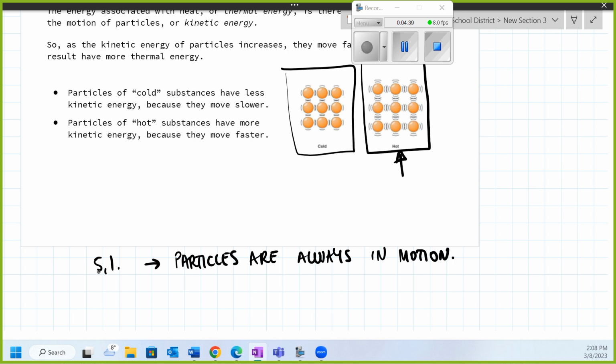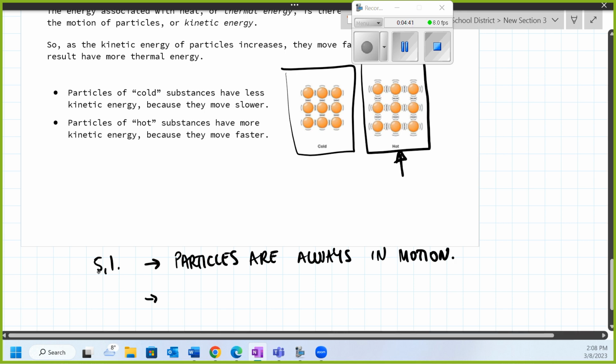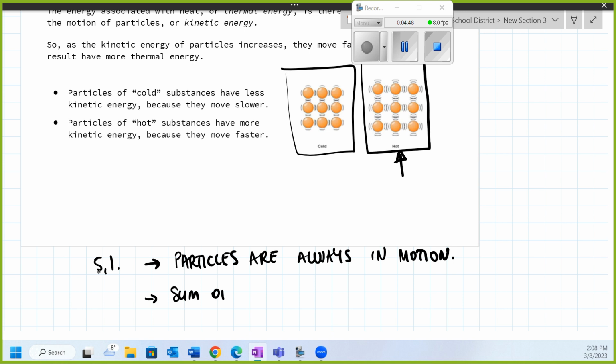A motion that is known as Brownian motion, to honor the work that Robert Brown did. And then the sum of kinetic energy. Why kinetic? Because motion and kinetic are related to each other.